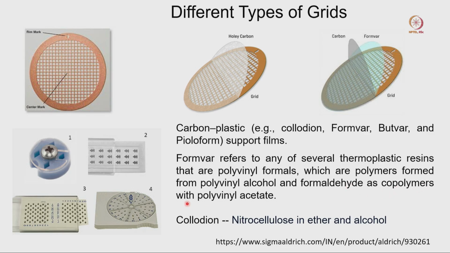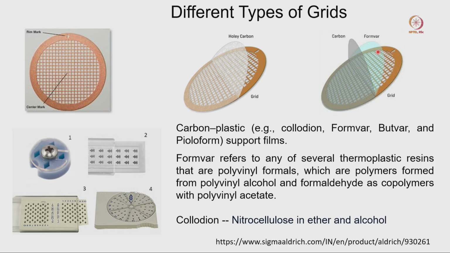as a copolymer, copolymerized with polyvinyl acetate. So that is a chemical and it forms a very thin transparent plastic layer. So this is basically Formvar. There are other compounds you can also use that form a plastic coating, like Formvar or Collodion. Those compounds will coat the grid, and then on top of that we put a carbon coating.